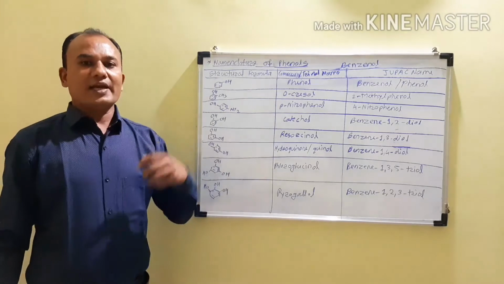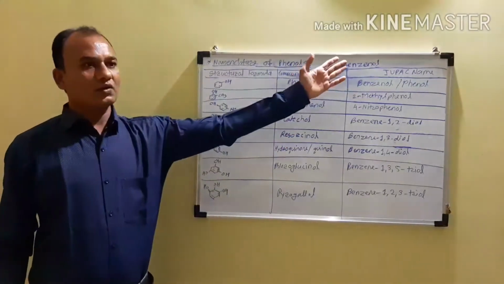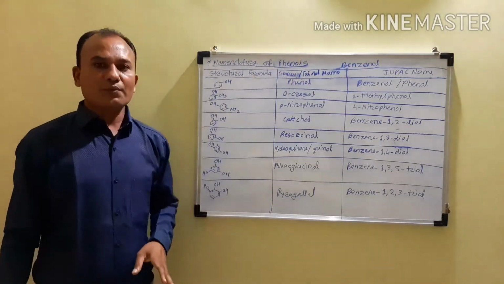Also, phenol is accepted by the IUPAC system, and therefore we can say that according to IUPAC nomenclature these are benzenol or phenol.